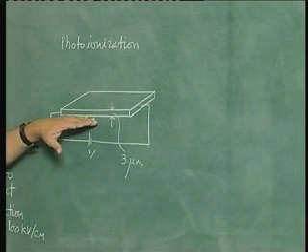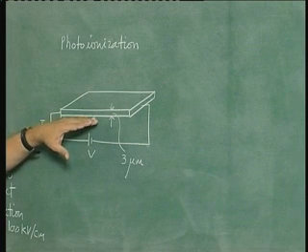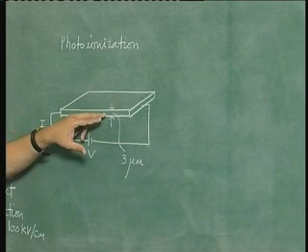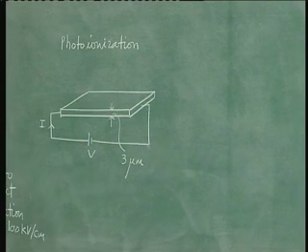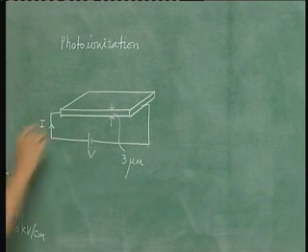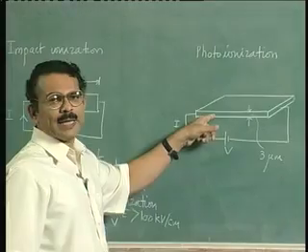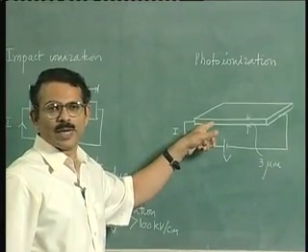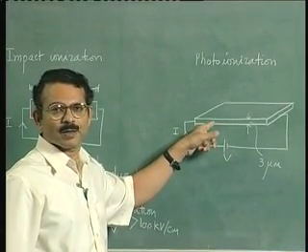Now obviously this is an imaginary sample because you cannot handle a 3 micron thin sample of semiconductor. So we will assume that this is a thought experiment. We will not discuss the practical aspects of how you can have a 3 micron thin silicon sample. Now let us also assume that its doping is as low as possible so that its resistivity is high, okay.